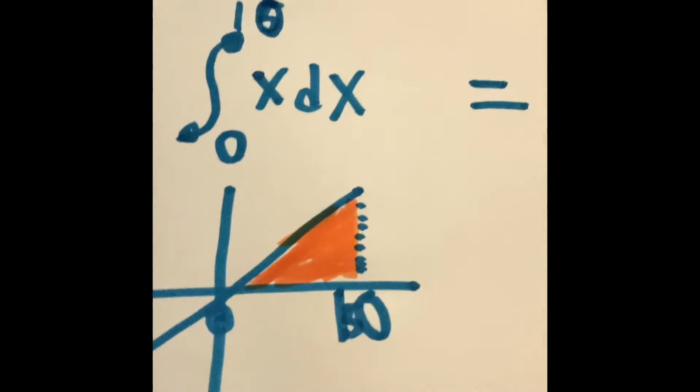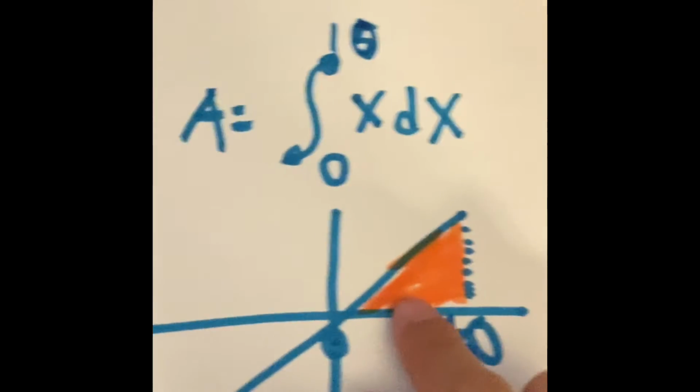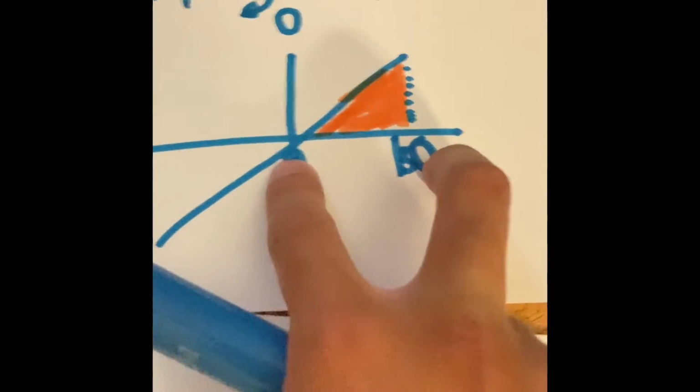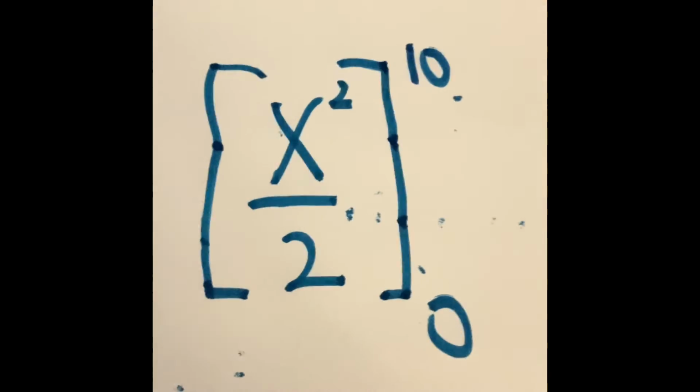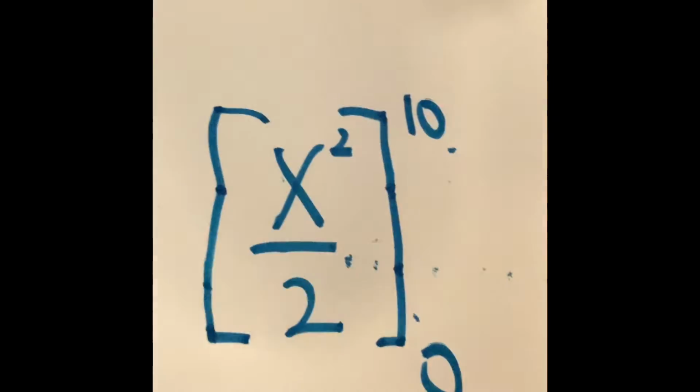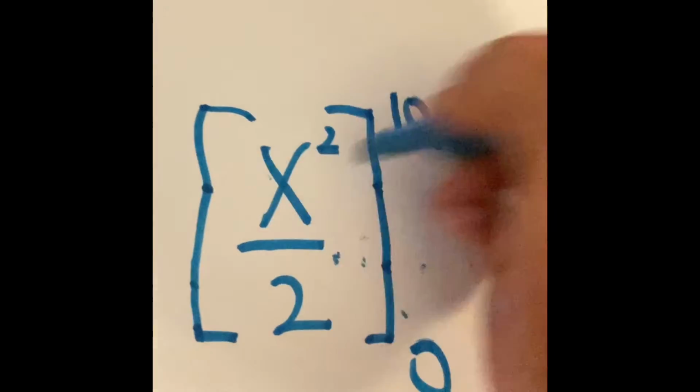So we have 0 and 10. What is the area inside this shape? We're going to put 0 and 10 right there, because those are the boundaries that we're trying to find inside the shape. We have to insert them in for x. So 0 times 0 is 0. Anything divided by 0 is undefined.